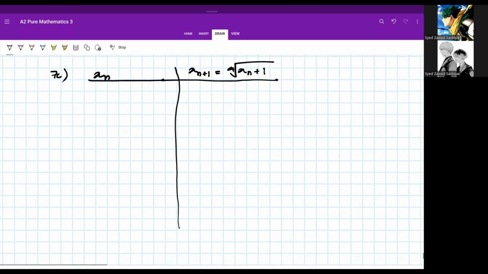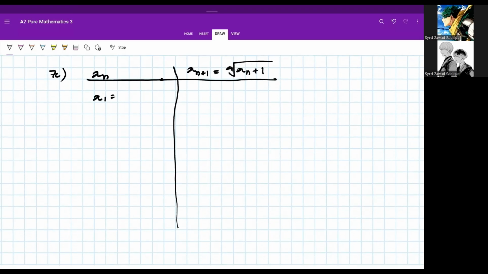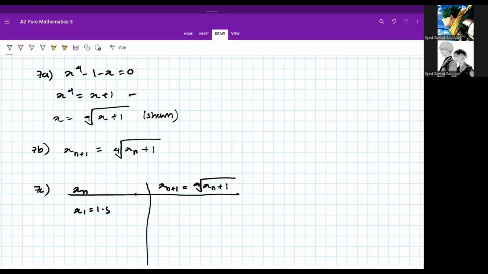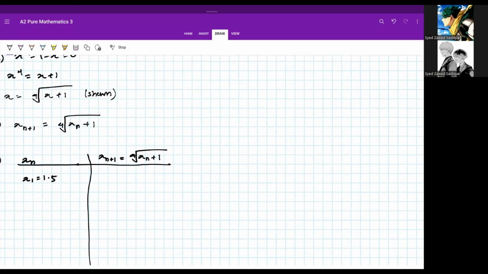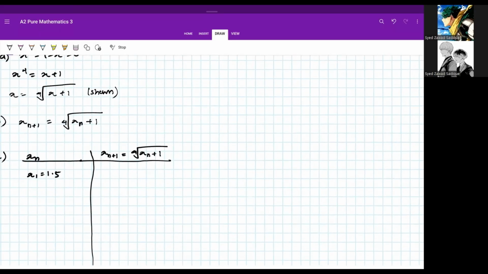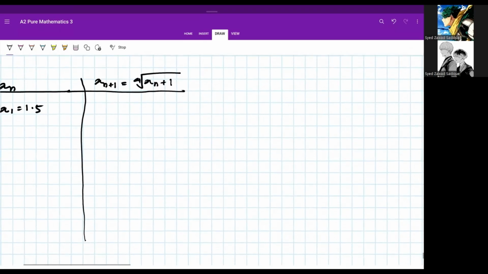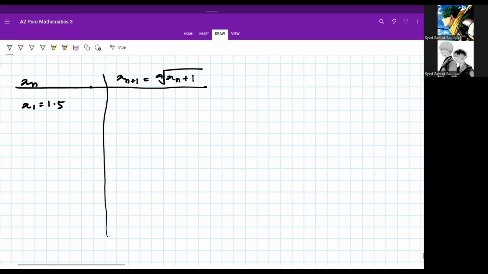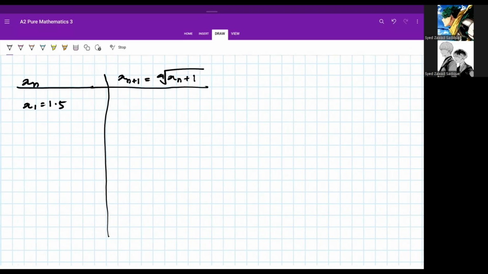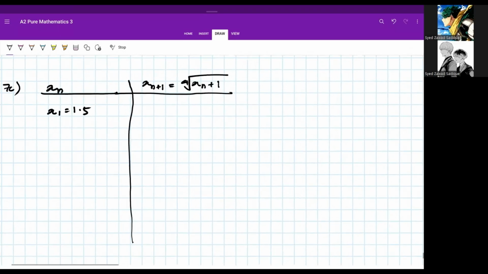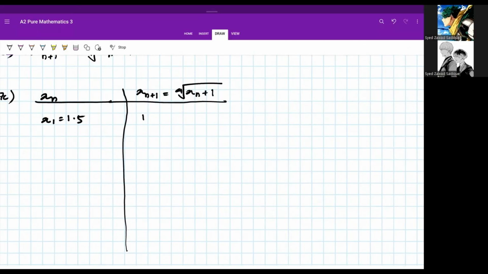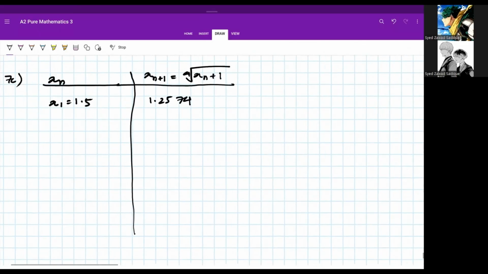So the starting value, x1 is equal to 1.5, because it's given. When x1 is 1.5, this is 1.2574.